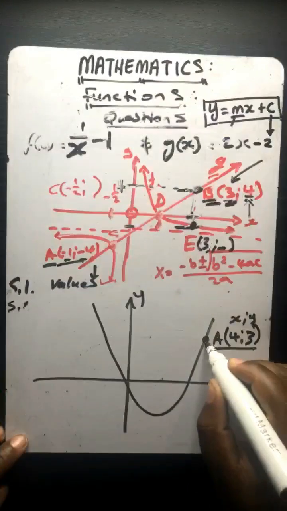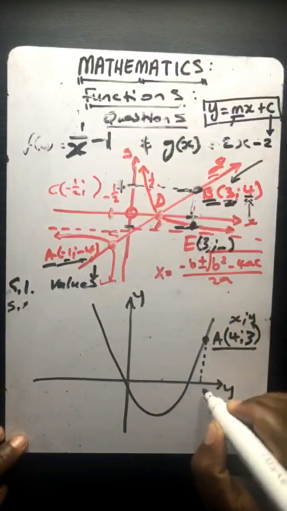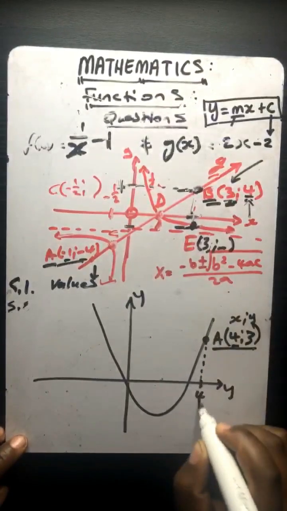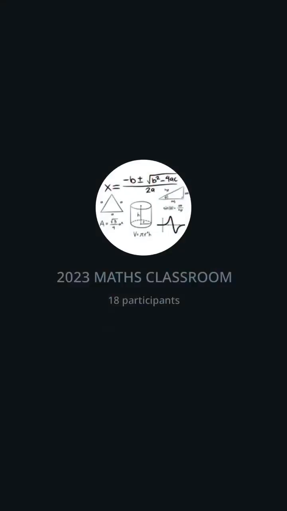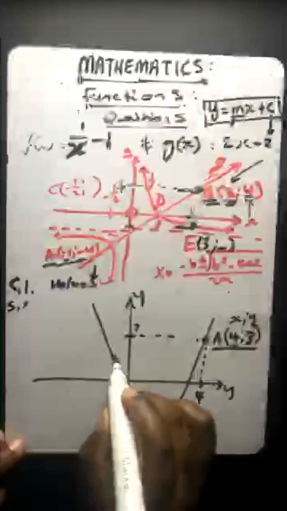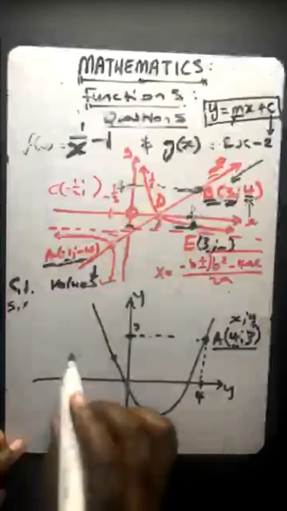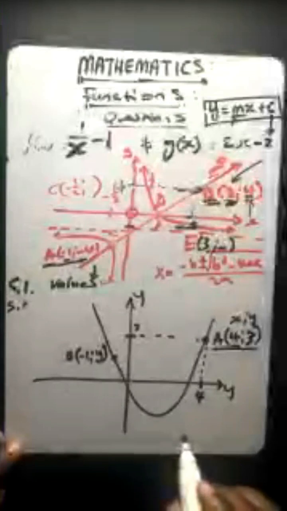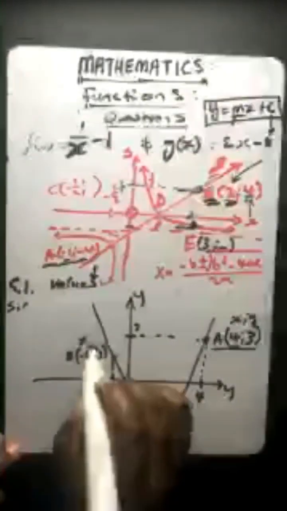So straight here is 4, straight here is 3. If you have a point B, it's actually negative 1 and a y value, and they don't tell you what the y value is, that means you already know the x value is -1. The y you don't know.